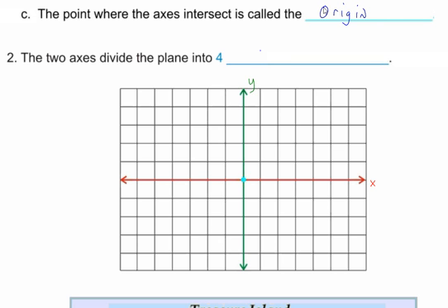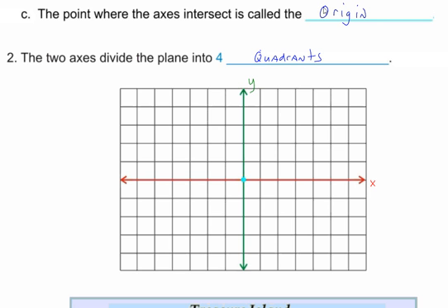Now, you can see that by having an x and y axis, we break up the plane into 4 regions. Now, if you play some army games and stuff, you might know what the technical name is for these regions. They're called quadrants. Quadrants.